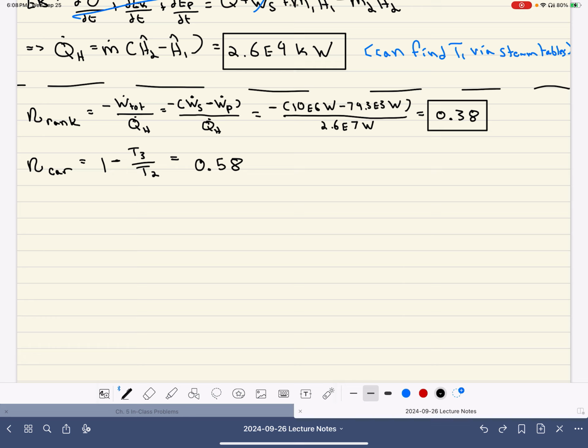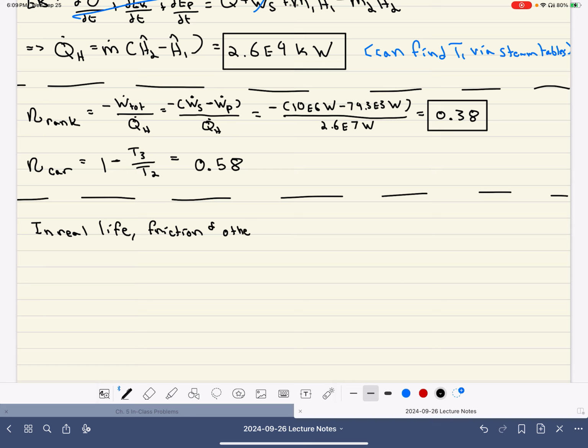But in reality, you won't even be able to reach that maximum value, right? Because in a real Rankine cycle, which Rankine cycles are actually used in power plants and things like that, you actually do need to deal with irreversibilities, right?